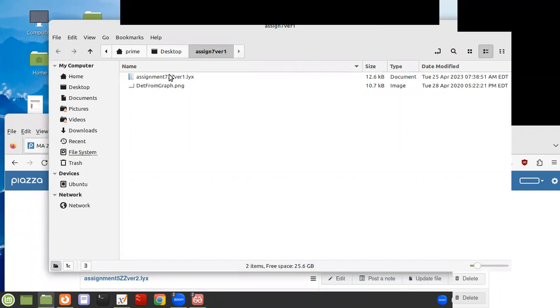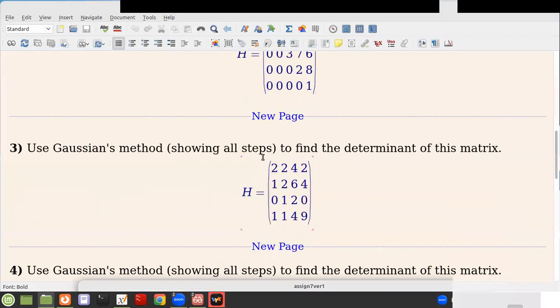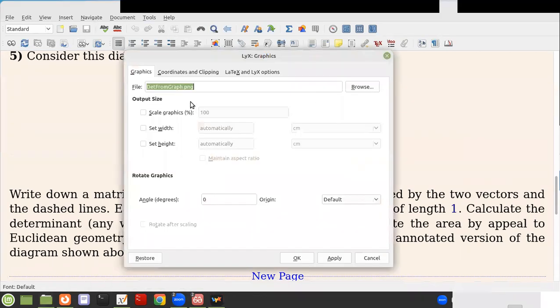Let's look and see what that is. So when you open the LIX file, you should see this image here. Now, if you don't, you may need to click on this and then browse and find this image in case your operating system has some problems.